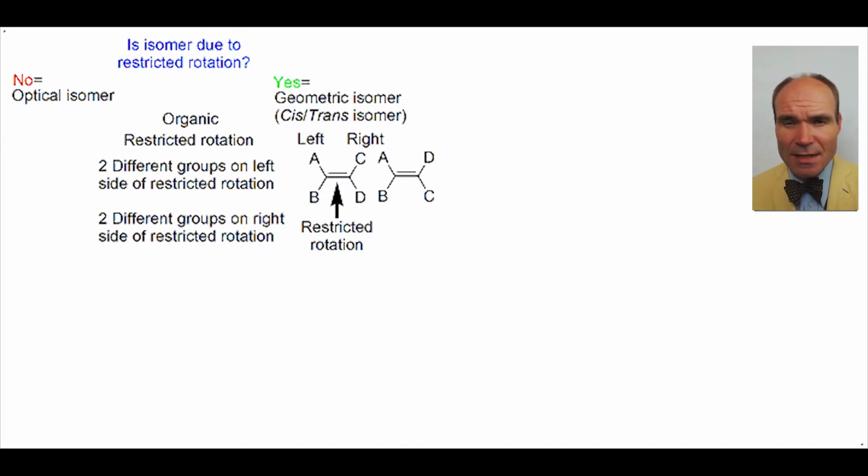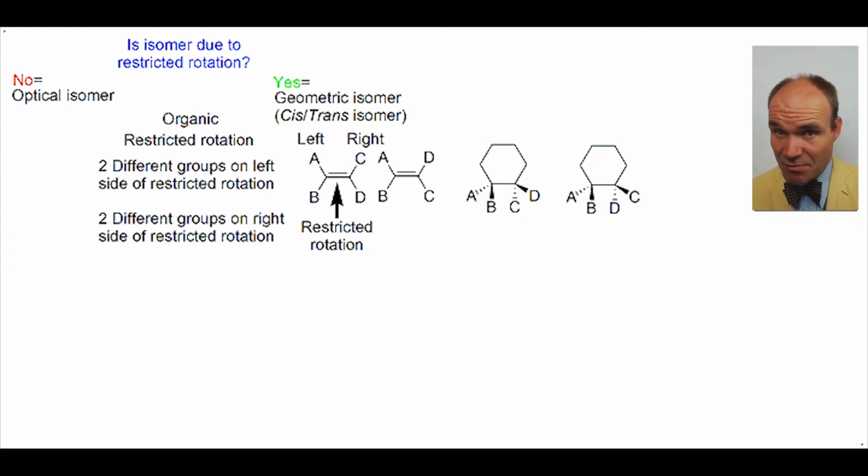The difference between the isomers is where one set of groups, here it's the left set, stay the same, and the other set, here it's the right set, for example C and D, are in opposite locations. This is not just restricted to double bonds of restricted rotation. We also see it in rings of an appropriate size where bond rotation is again restricted.